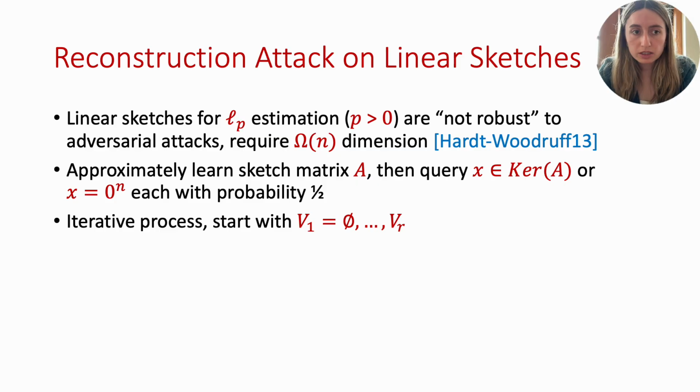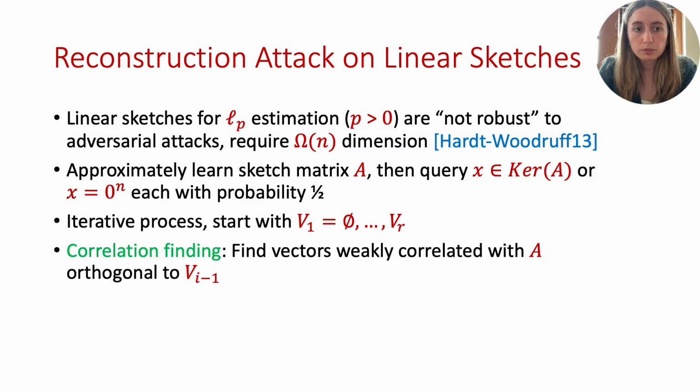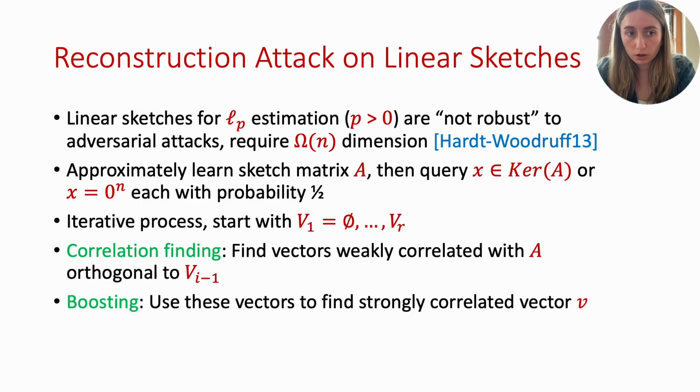So the attack will proceed as follows. To learn the sketching matrix, we'll start by setting V1, the first subspace, to be empty, and we will iteratively learn more and more vectors in the row space of the matrix. So the first step will be a correlation finding step. This means that we will find vectors weakly correlated with the row space of A and orthogonal to all of the vectors that we found before.